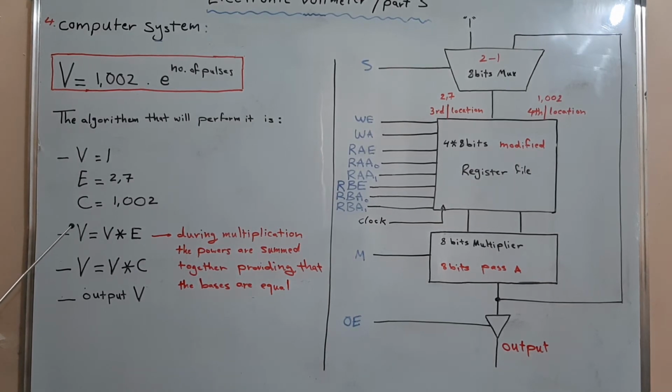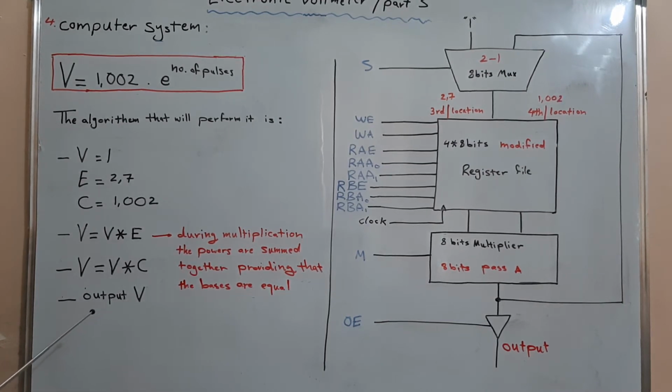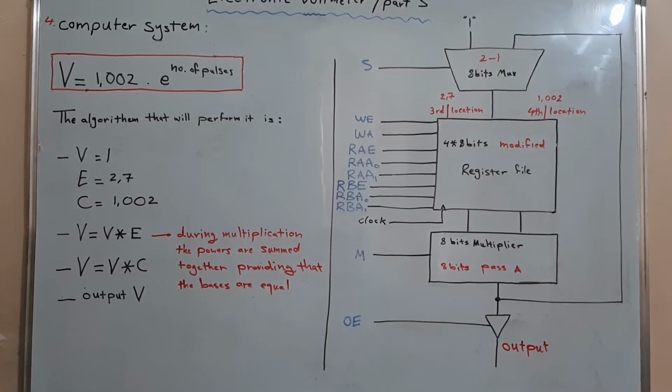And that will follow the mathematical rule that says during the multiplication, the powers are summed together, providing that the bases are equal. V will be equal to V multiplied by C, and finally, the output from our algorithm is V.